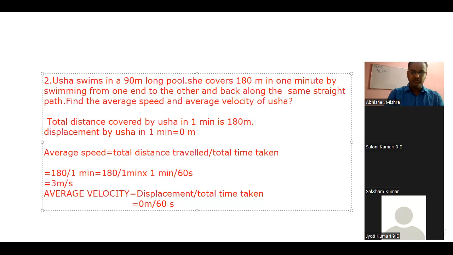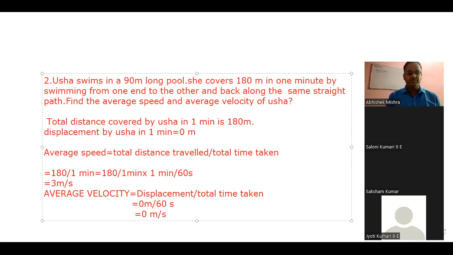So that accounts to your answer 0 meter per second.